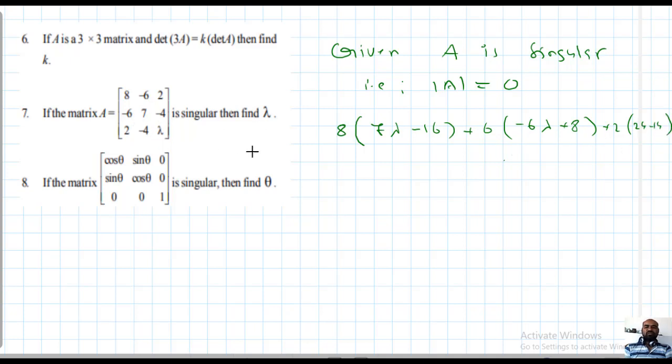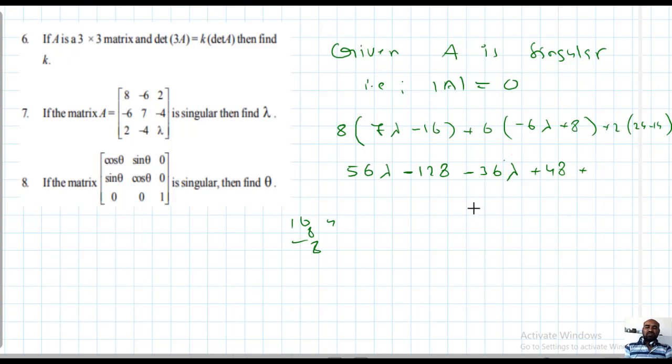Yeah, 6 4s are 24, 7 2s are 14. So 8 7s are 56 lambda minus 16. 8 8s are 64, 8 1s are 128. Minus 36 lambda plus 48.